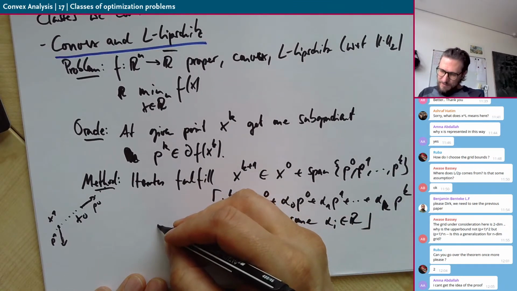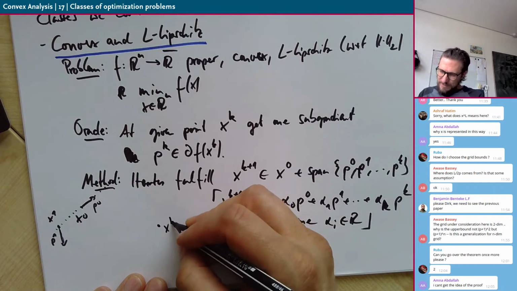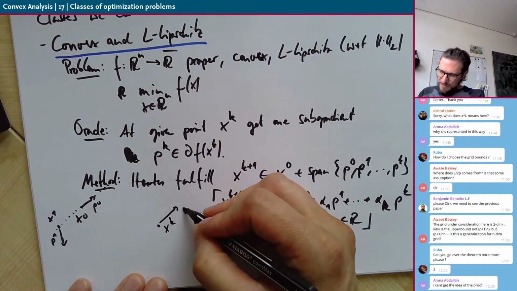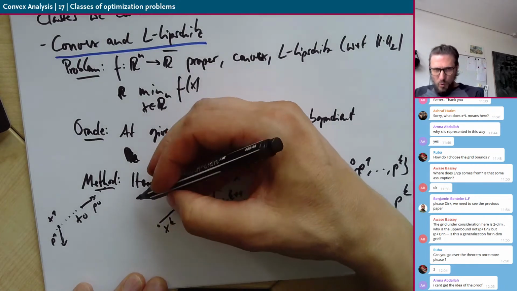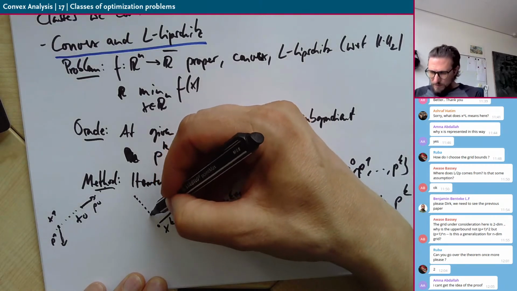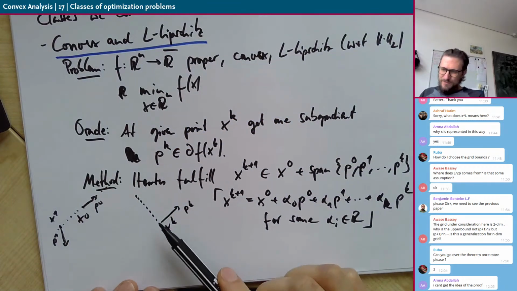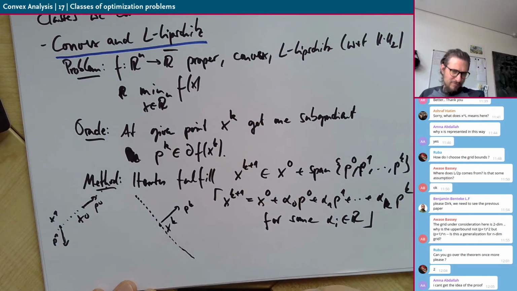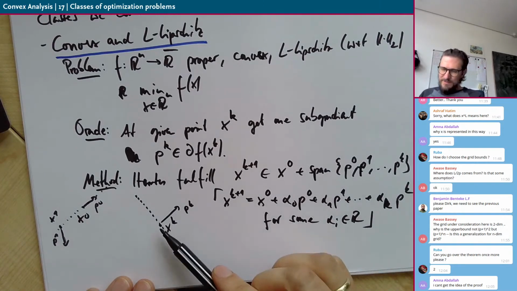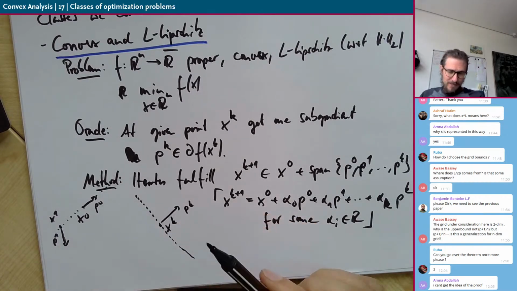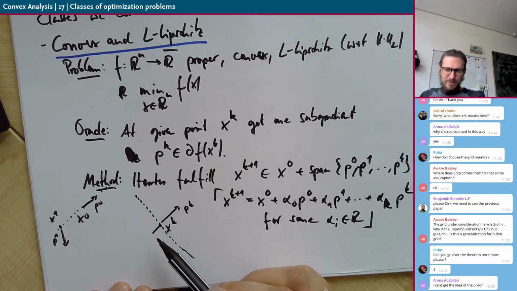If this here is some given point xk, and let's say this here is the subgradient pk, then you know that the function is kind of smaller over here than over there, roughly speaking. Which means that the minimum is supposed to be on this side of the hyperplane. So moving in this direction seems to be a good idea.